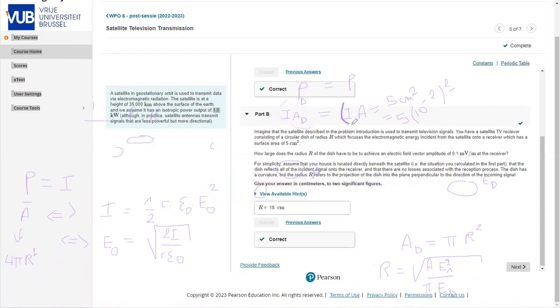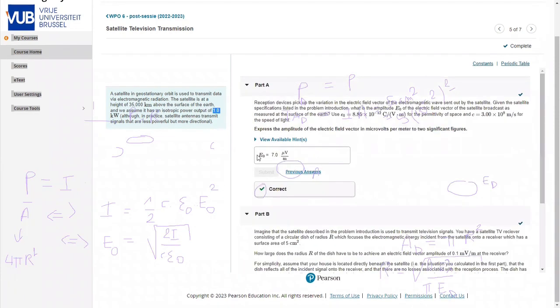Then my I here, intensity here, is going to be the same formula, but my E0 is like the previous one. The previous one was 7 times 10 with the exponent of minus, I don't remember. Basically, it's this one.